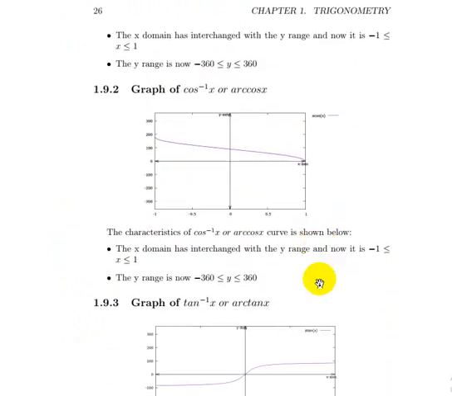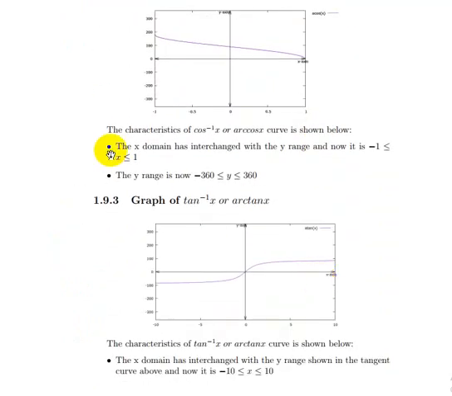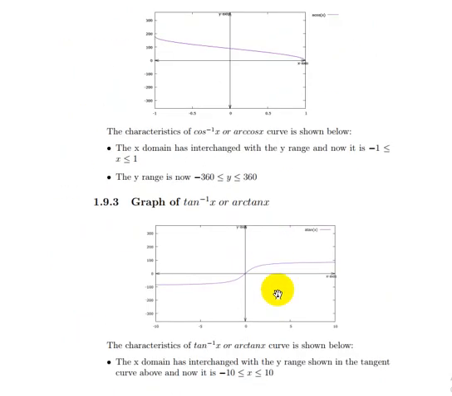Now, in the case of tan, we said that the x interval of tan was going from -infinity to infinity. This implies that now the y interval of tan was going from -infinity to infinity. This implies that now the x domain, since it's an inverse function, the x and the y have inverted.